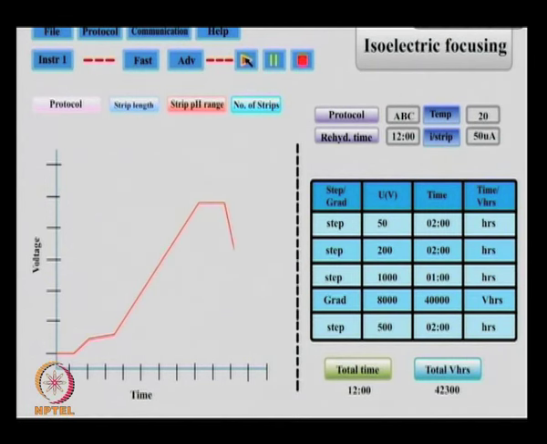You need to ensure that proper shaking conditions are maintained, and you need to allow 10 to 14 hours, usually an overnight step, for the staining as well as de-staining steps. After de-staining is done, then you can see protein spots on the gel with a very clear background.